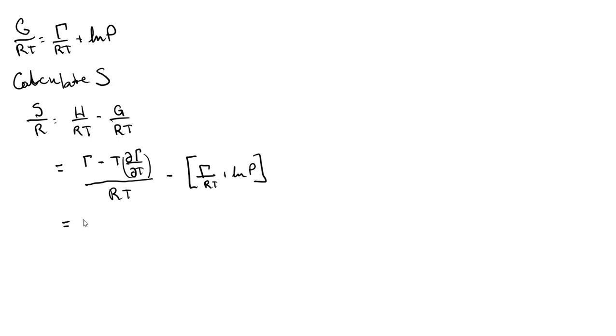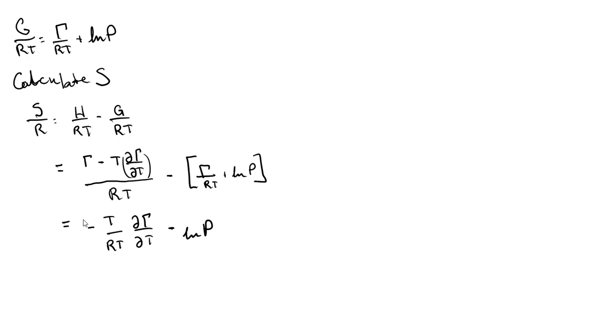over R is equal to minus, so do some simplification there, so that's minus T over RT, times partial of gamma with respect to temperature, and then that's just minus natural log of P. So we've got gamma over RT.